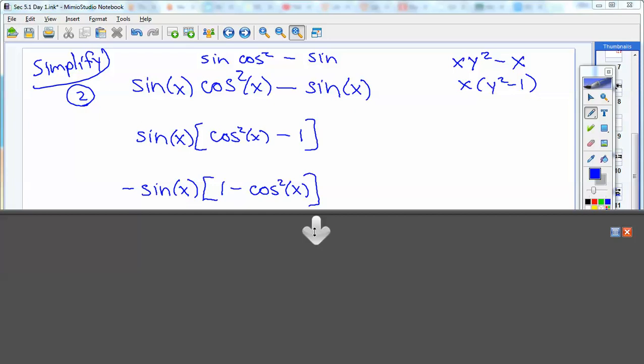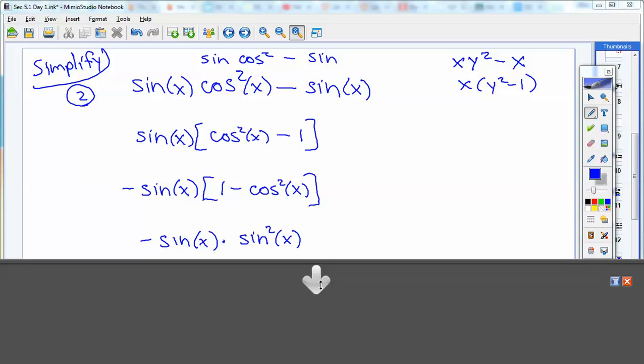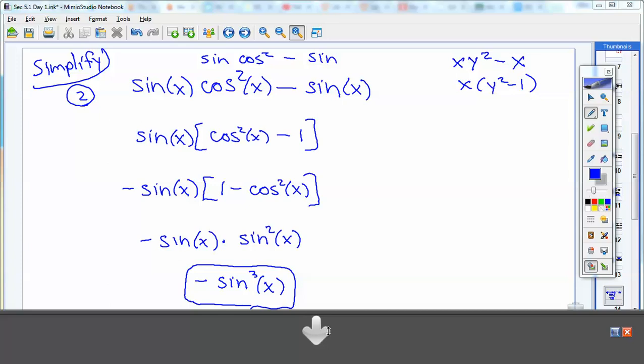Why? Because when you take out a negative, the cosine turns negative and the 1 turns positive, so we can just flip those around. And what is 1 minus cosine squared? Sine squared. So now we have negative sine times sine squared, which is negative sine cubed. And that is simpler than this original.